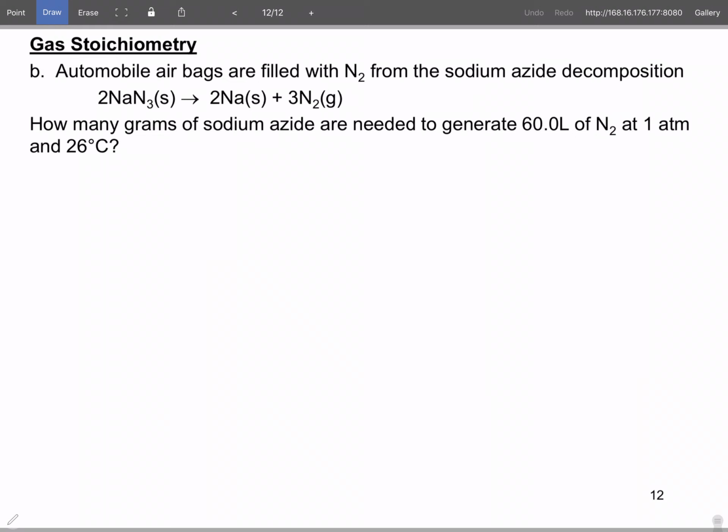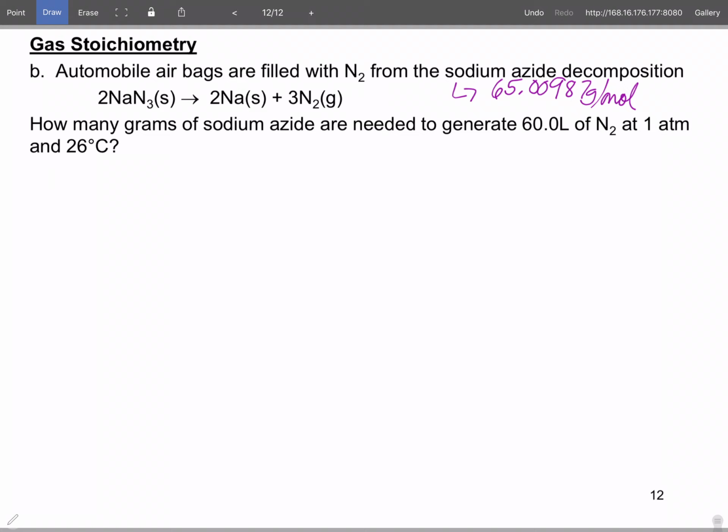Now this is one that I like because this is actually useful. Automobile airbags generate, when they're deployed, nitrogen from sodium azide decomposition, because sodium azide is shock sensitive. So its molar mass is 65.00987 grams per mole. Went ahead and just did that.